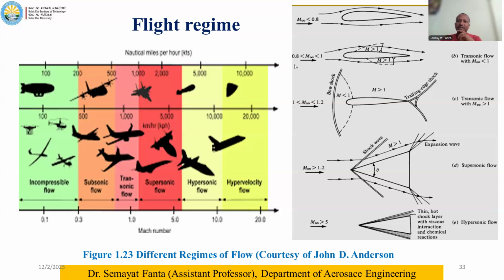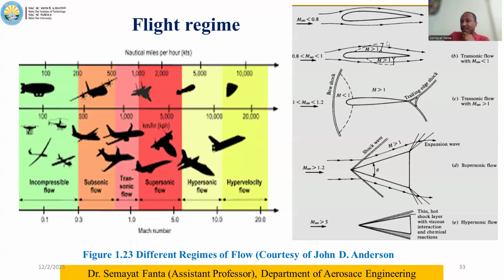And then if the flow is between 0.8 and 1, there is also transonic flow with Mach nearly less than 1. On that, you can find a shock wave here. The streamlines are not laminar, and you can find this kind of shock wave.